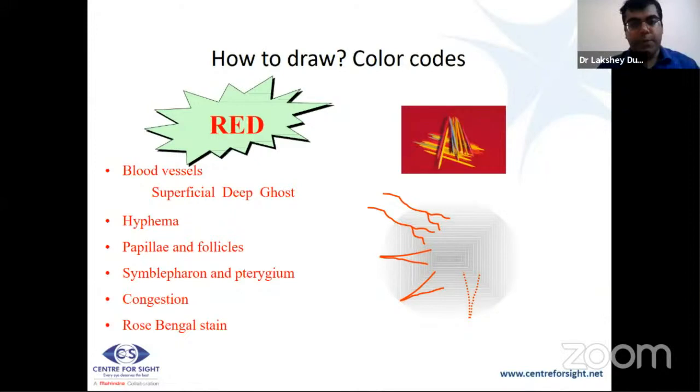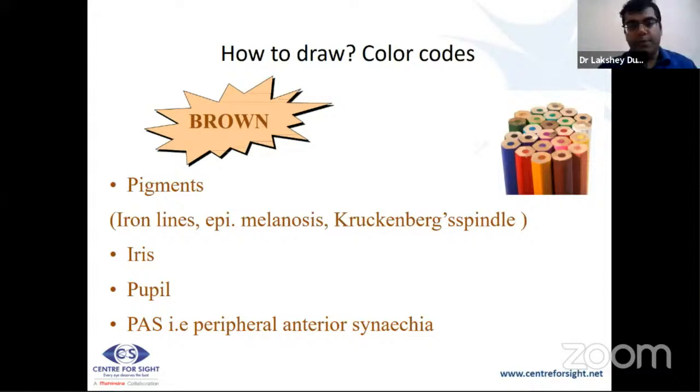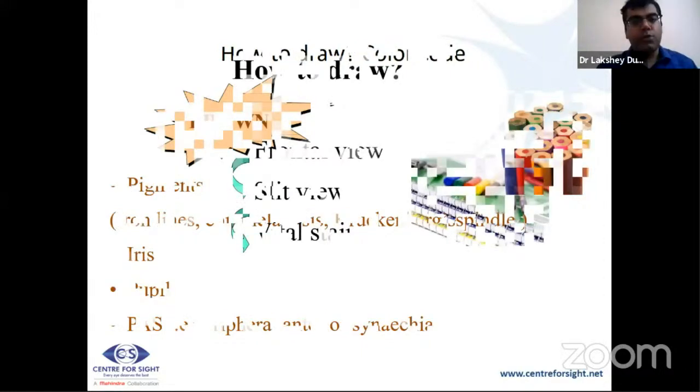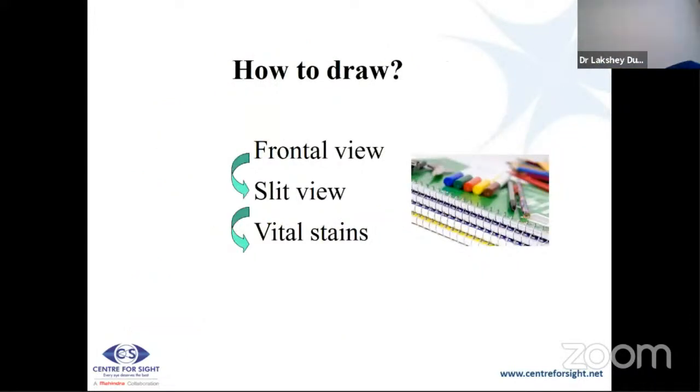Brown color: pigments, iron lines, melanosis, crooked bundles, iris, pupil, peripheral anterior synechiae. Then how to draw? You need to draw a frontal view, slit view, and a diagram for the vital stains.